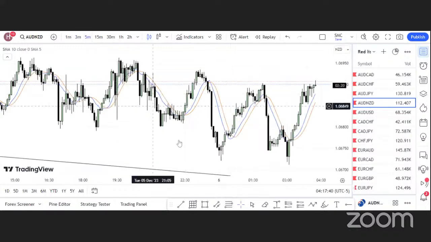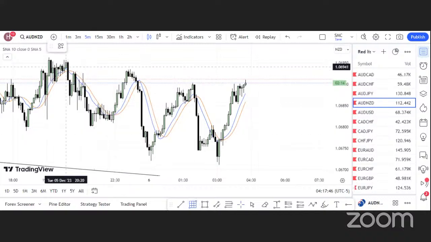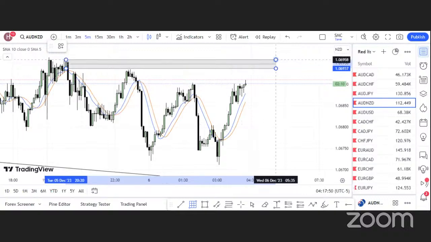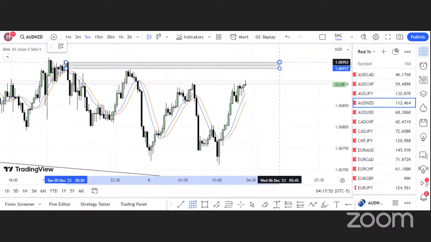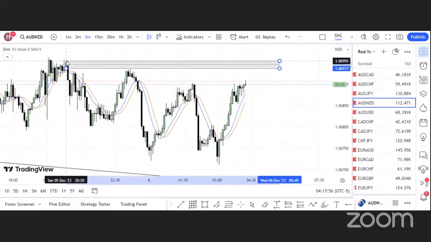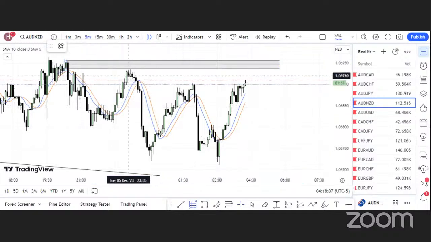Five minutes. So I'll just draw the zones out and see if it's something we can actually take advantage of.